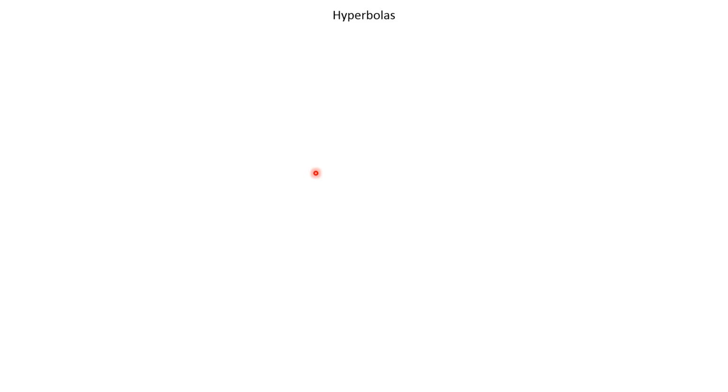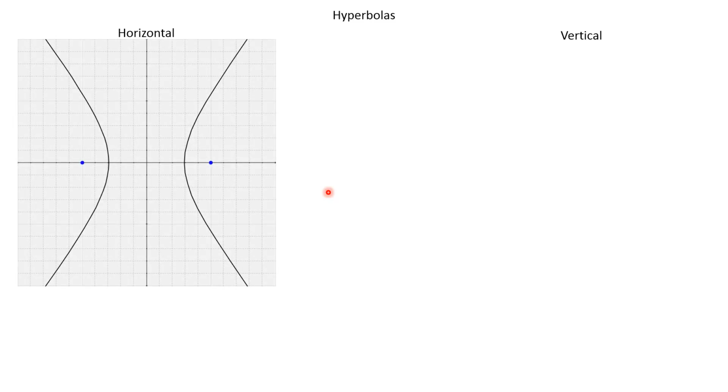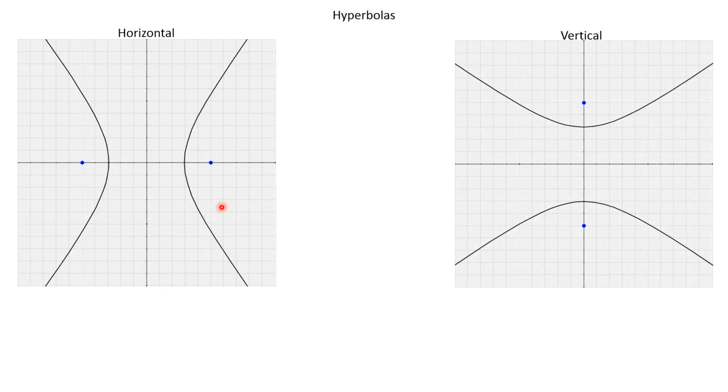So let's take a look at these hyperbolas. Just like with ellipses, we have horizontal and vertical ones. The horizontal ones open horizontally. The vertical ones open vertically. We have the foci, just like we did with ellipses.